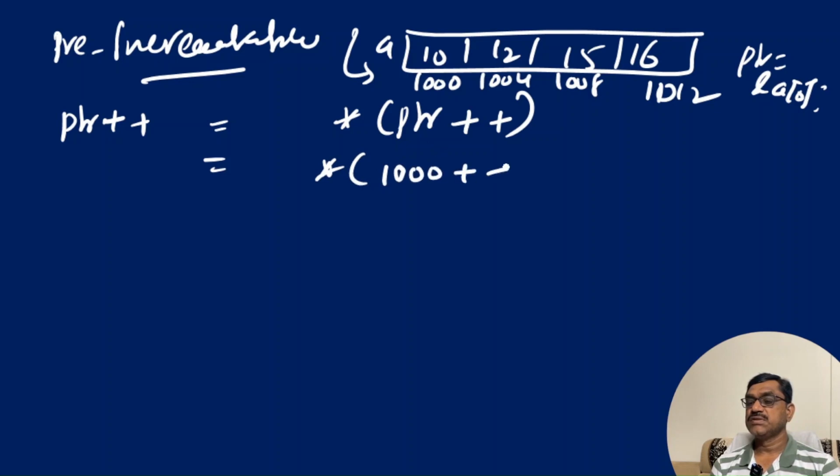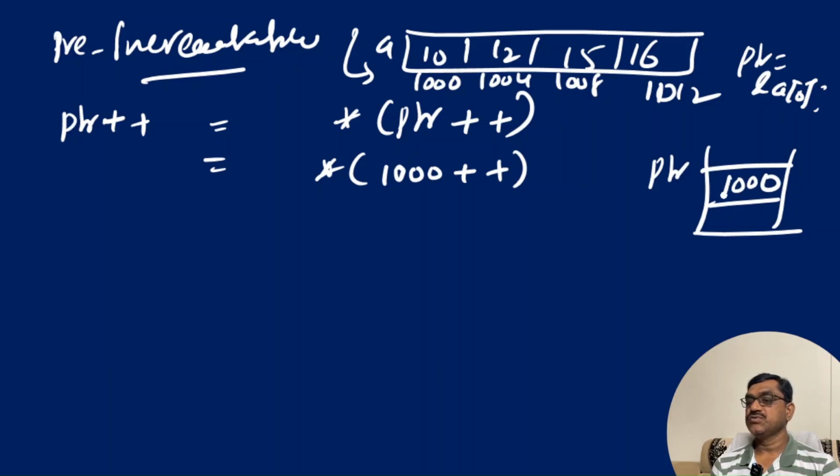See, assume here this is the variable whose value is ptr, and the value is 1000. It is a post-increment, right? Post-increment in the sense that first 1000 is used.